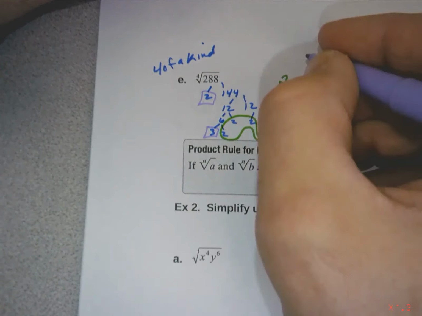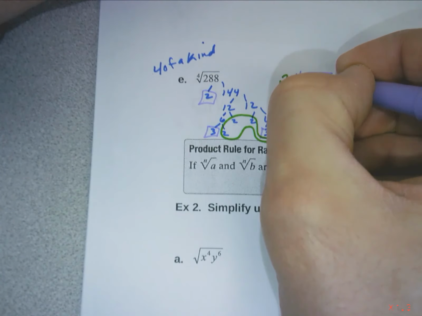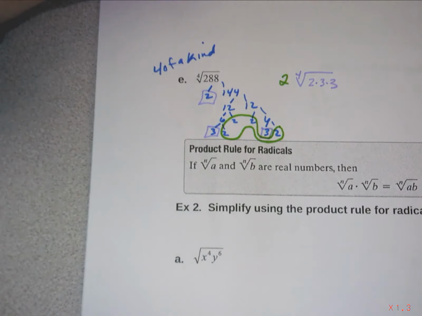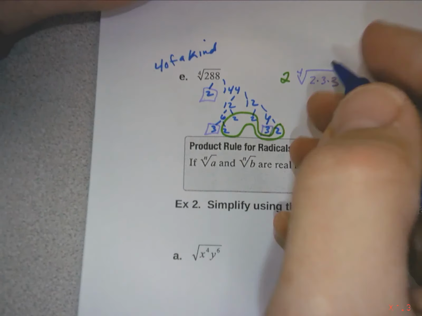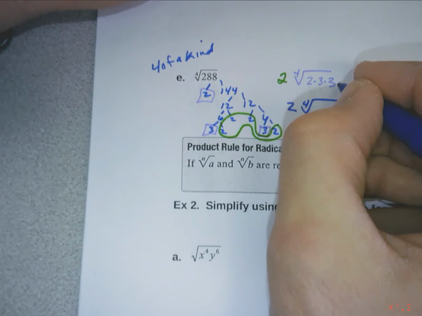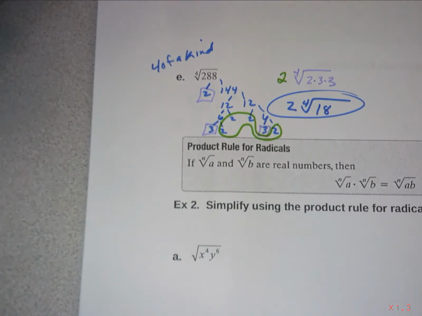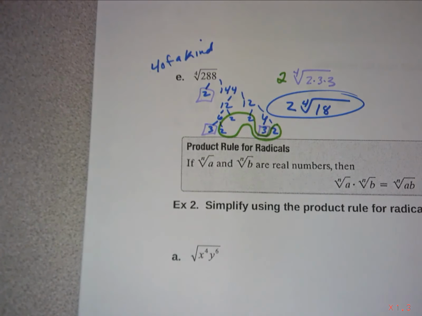So those guys are left inside of that 4th root. So I've got 2 times 3 times 3. So final answer, I end up with 2. And then the 4th root, 2 times 3 is 6. 6 times 3 is 18. So I get the 2 times the 4th root of 18 is the same thing as the 4th root of 288.